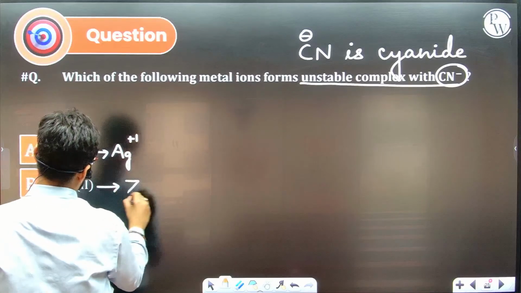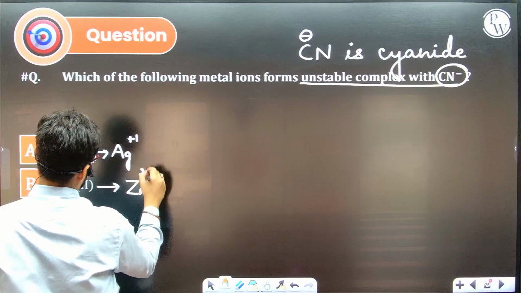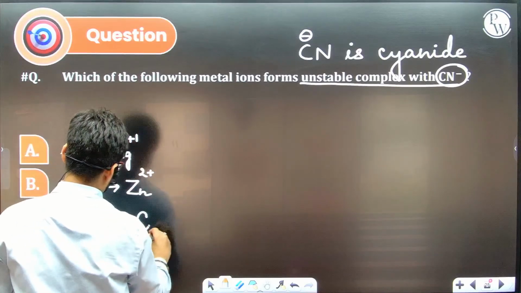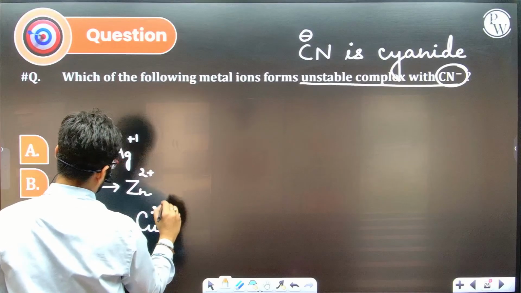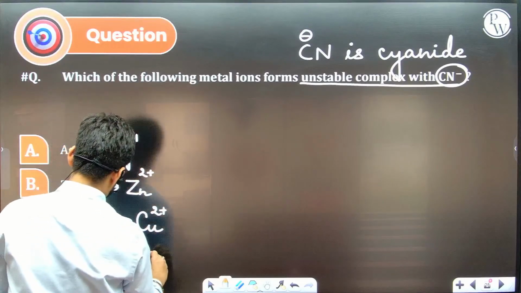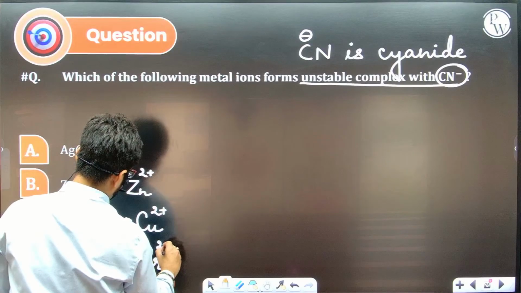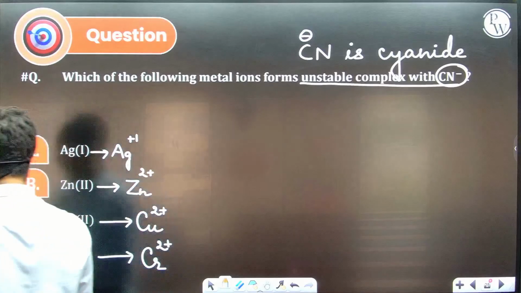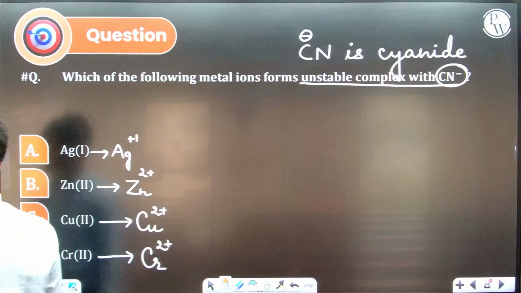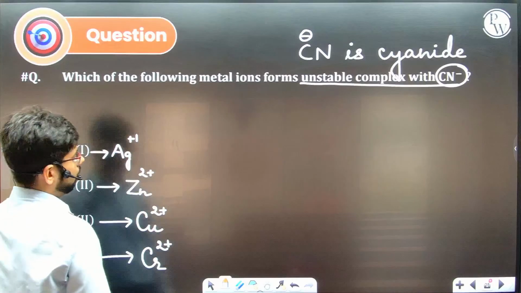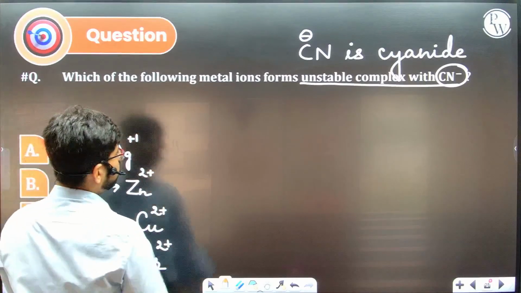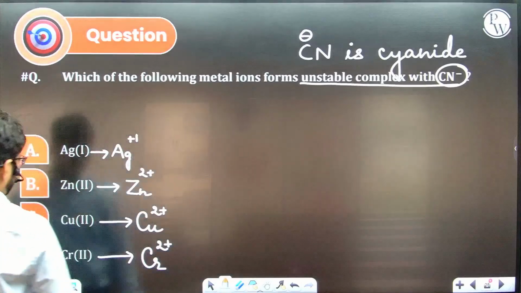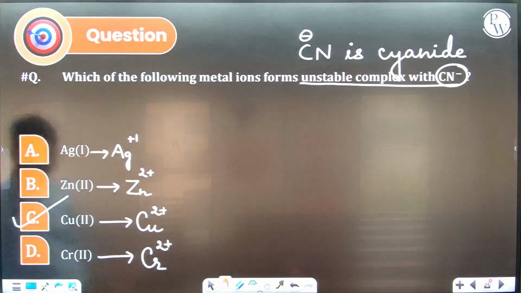This is Zn2 plus. This is Cu2 plus, and this is Cr2 plus. So which of these forms unstable complex with CN minus? Not stable, we have to identify unstable. So this is the answer, Cu2 plus.